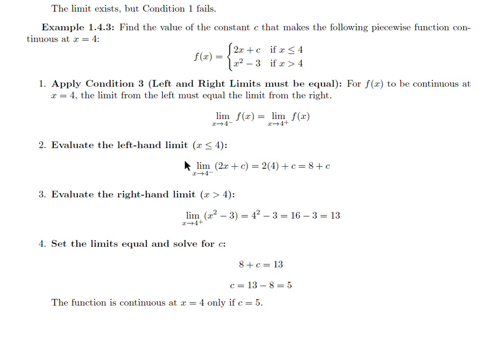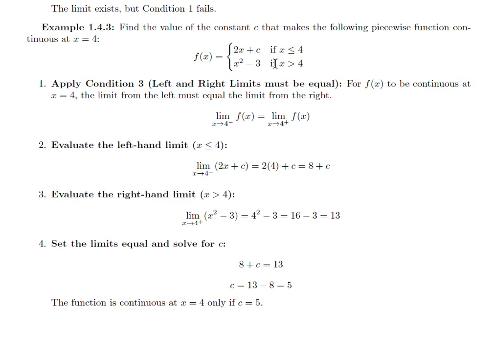So from the left, we'll evaluate the first function, and from the right, we'll evaluate the second function. So we equate the results, and then we'll be able to get a value for c that makes the limit exist from both left and right.